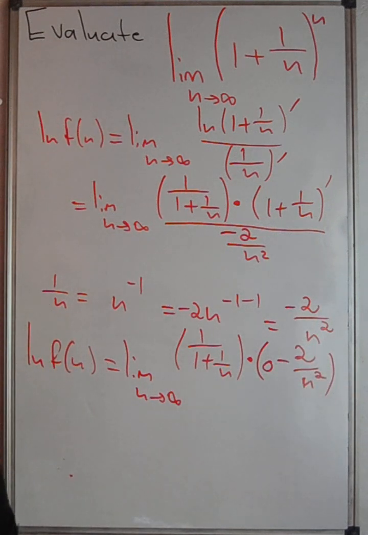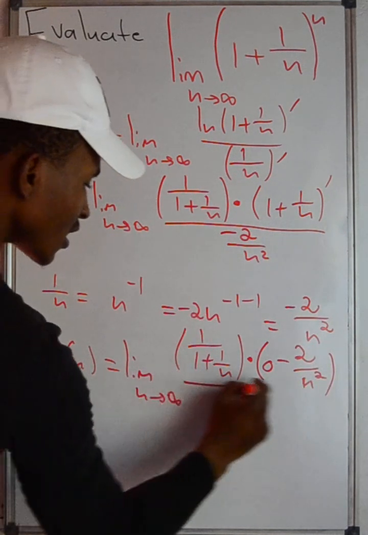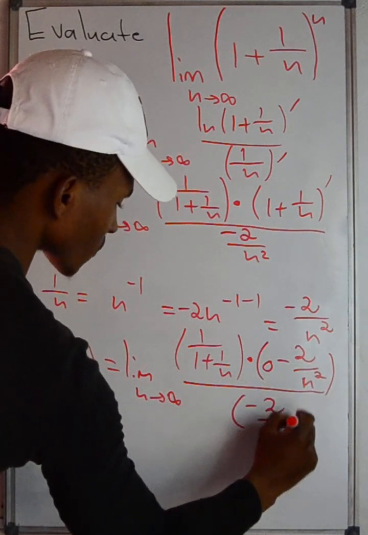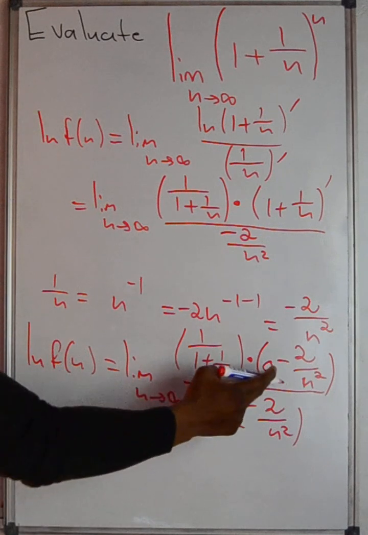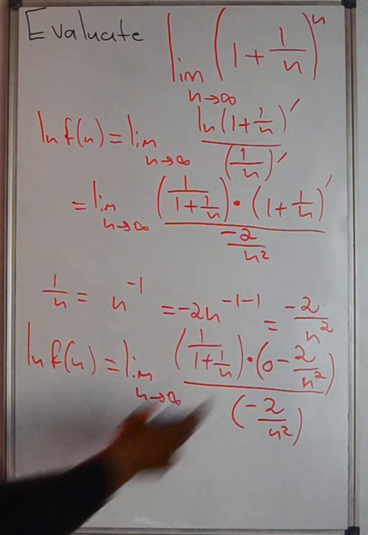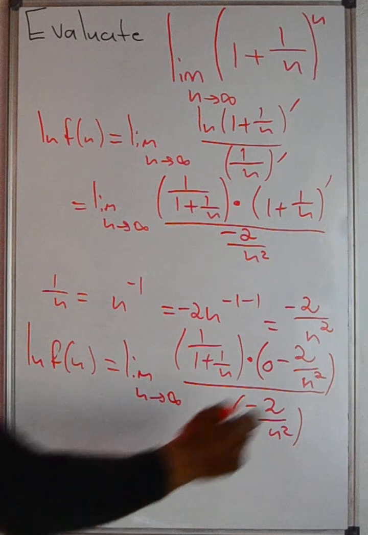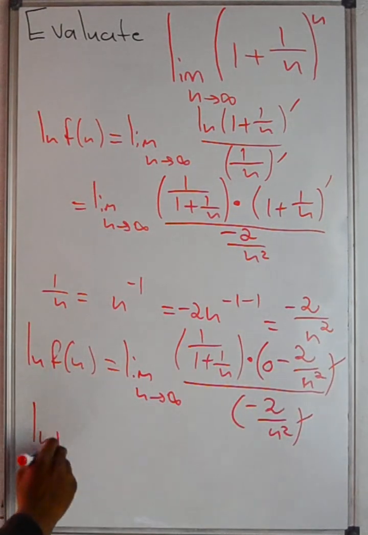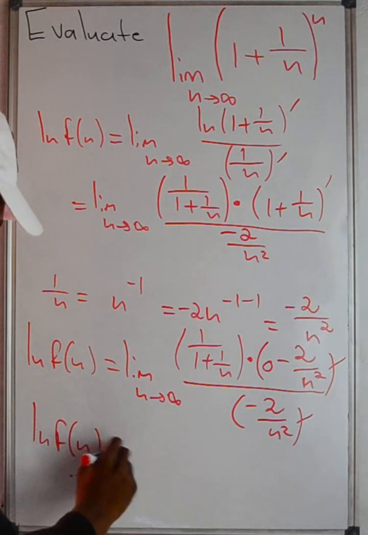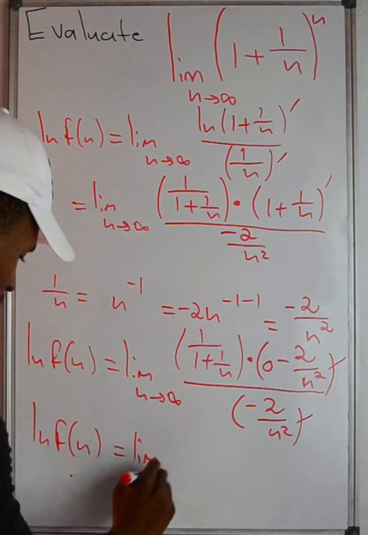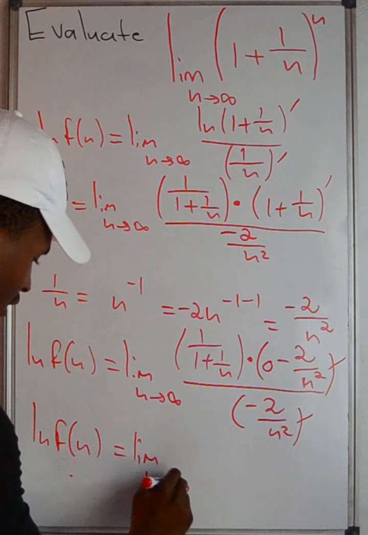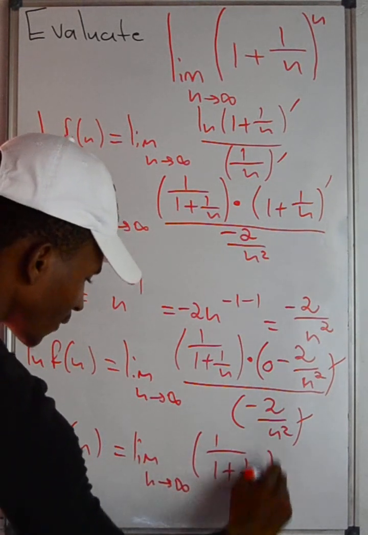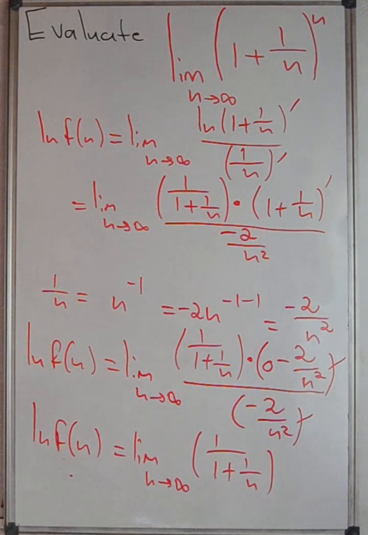But this is divided by minus 1 over n squared. So 0 minus 1 over n squared is the same as minus 1 over n squared, so this will cancel out. So we are going to have ln of f of n being the limit of n approaching infinity of 1 over (1 plus 1 over n).